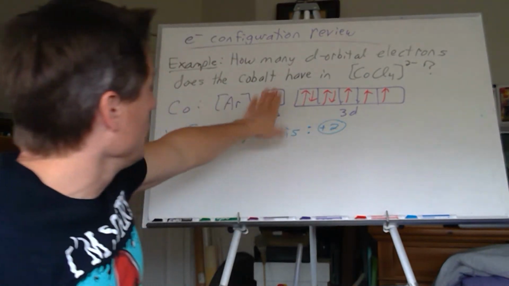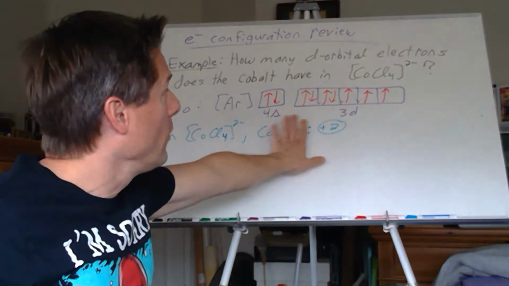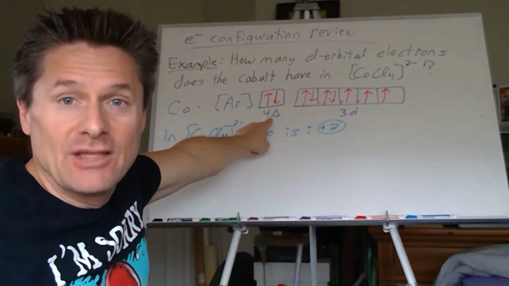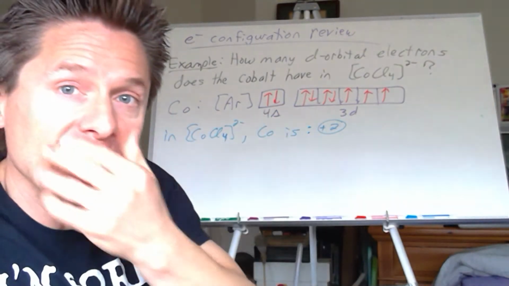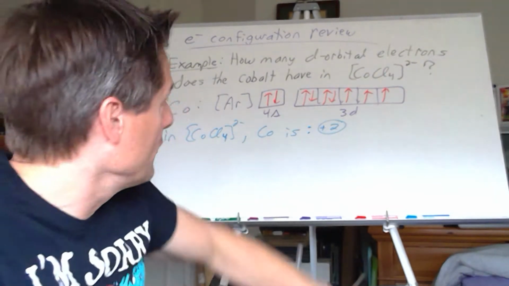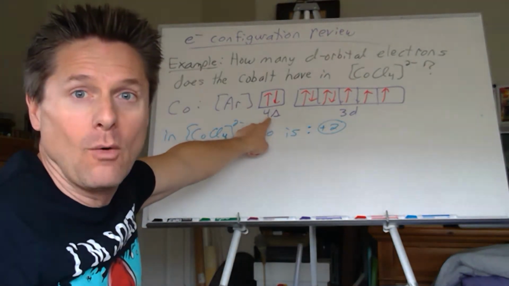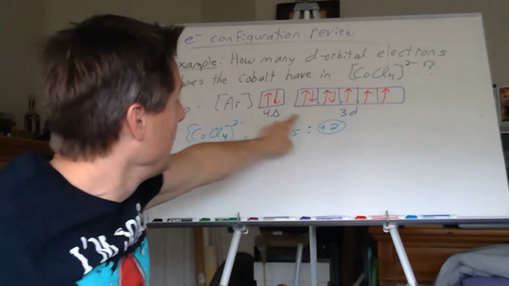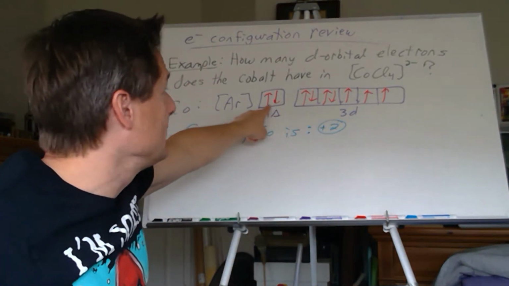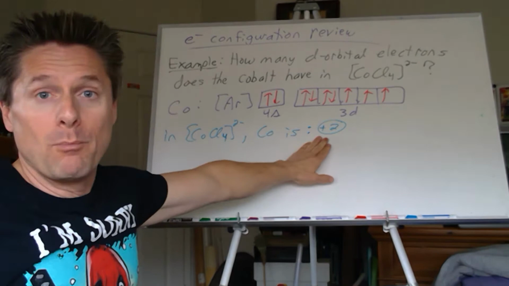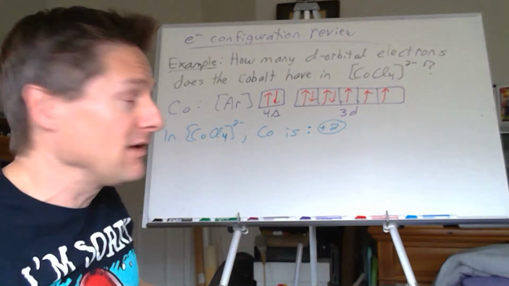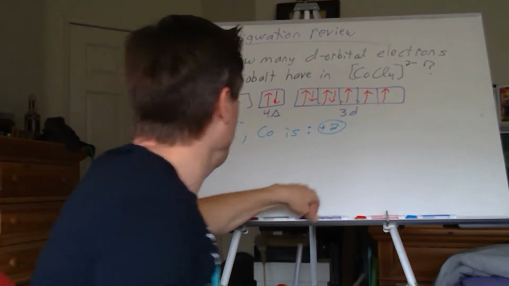Which means we're going to look at this neutral atom and go, ooh, we're going to lose 2 of these electrons. Now remember, the ones further from the nucleus are picked off first. So the 4s is going to go, and n equals 4 is a higher n level than n equals 3. So we're going to lose these first. If it was a cobalt +3, we'd lose these and 1 of the d electrons. But since it's a +2, we're losing only the 4s.